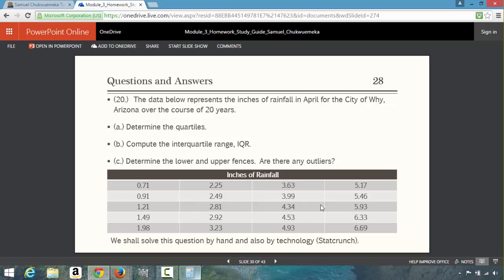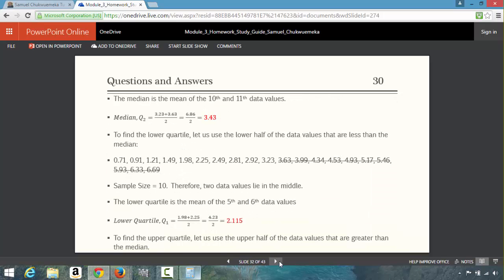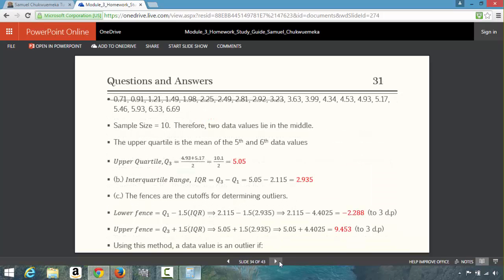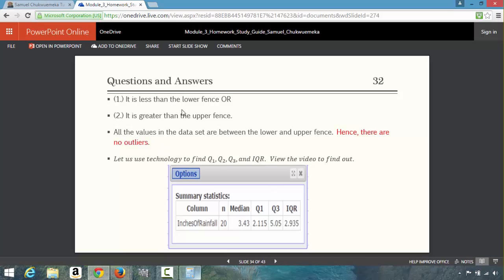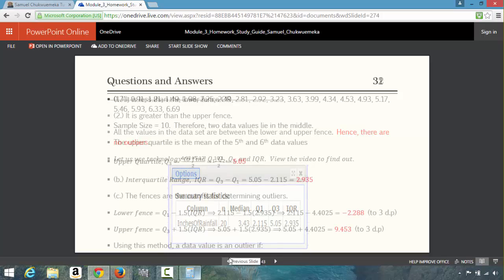any negative 2.288, any values like that, and you don't have any values like 9 point something. Okay, so if you use this method, you see whether it is less than the lower fence or greater than the upper fence.